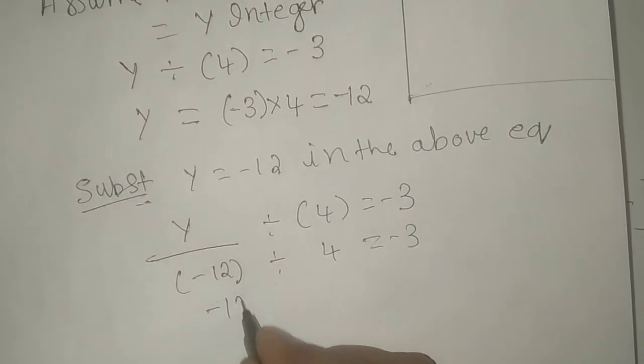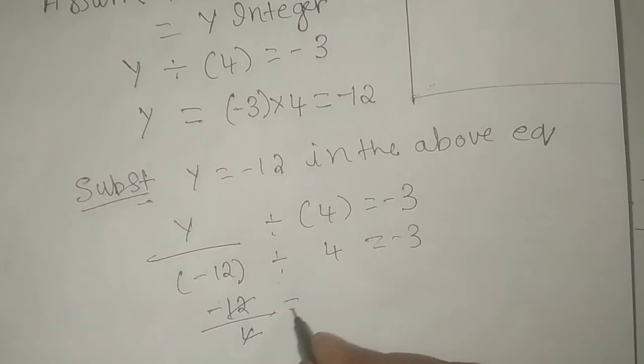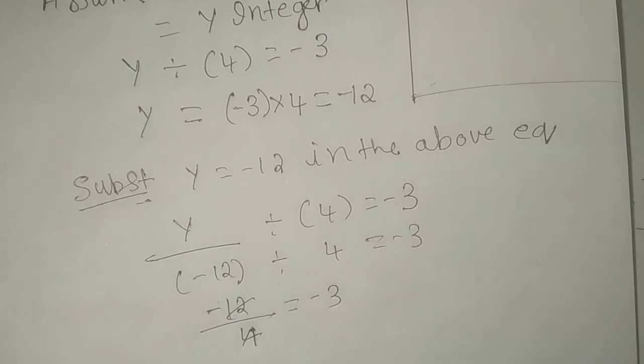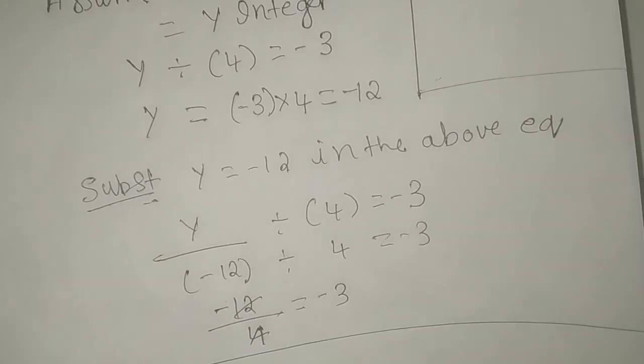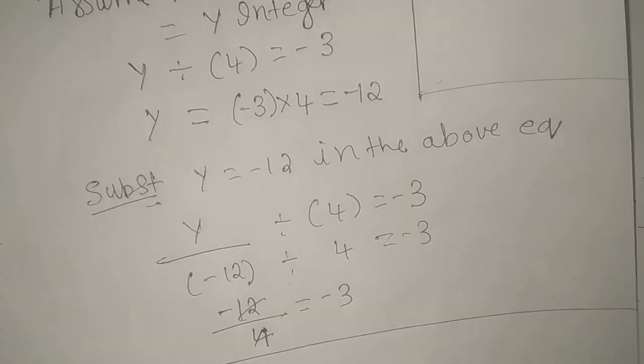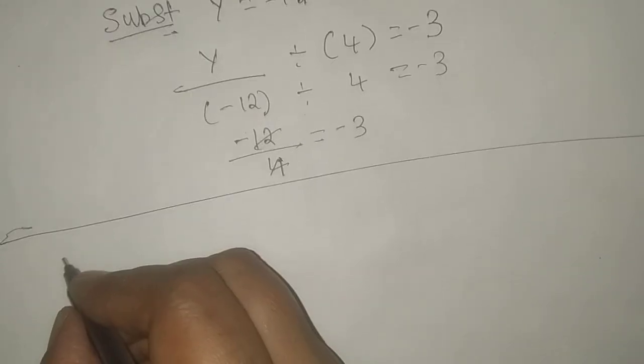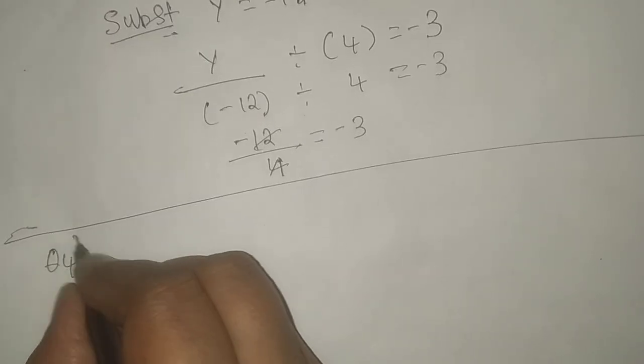That is minus 12 divided by 4 is equal to minus 3 is the answer. This is the solution. Just interchange and writing the equation, but quite confusing. Now we move to question 4. Question 3 completed. Question 4.